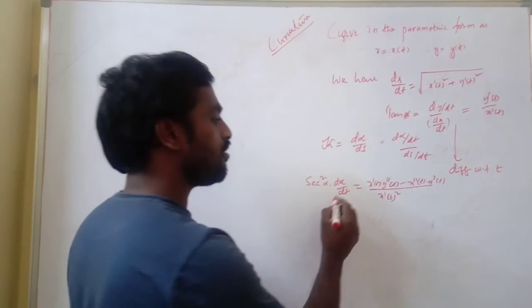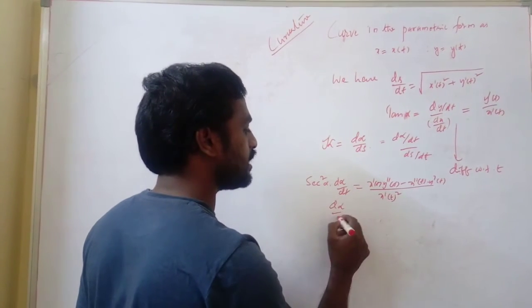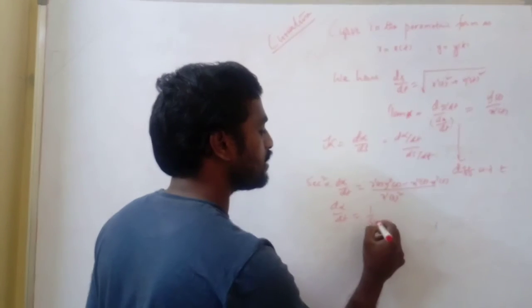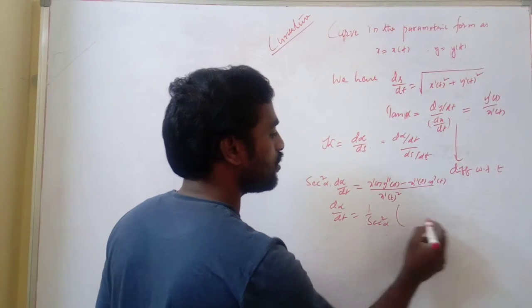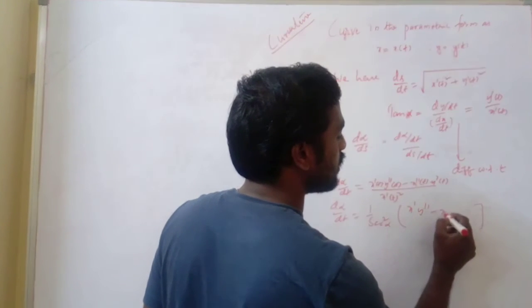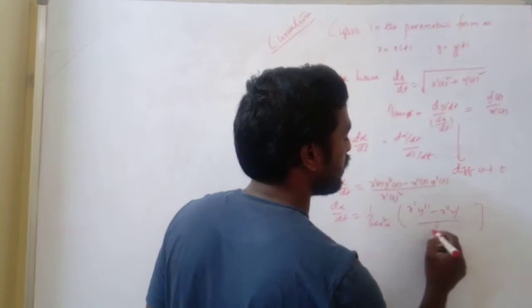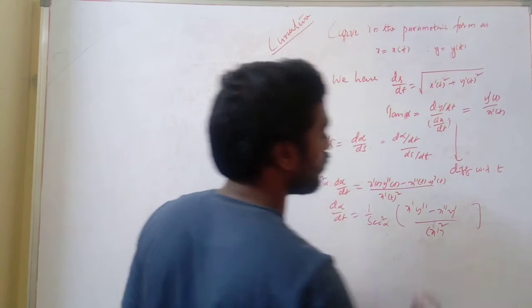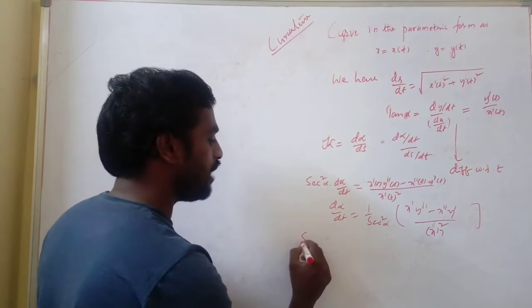This is d alpha by dt. So d alpha by dt is equal to 1 by secant square alpha into that same term, x dash into y second derivative minus x second derivative into y dash, by x dash squared.